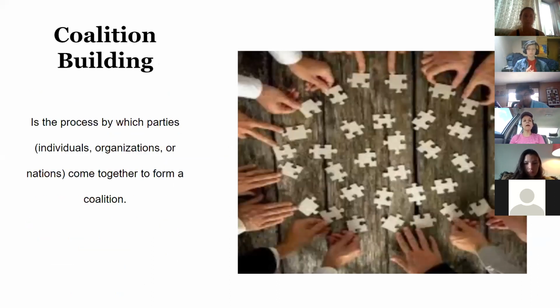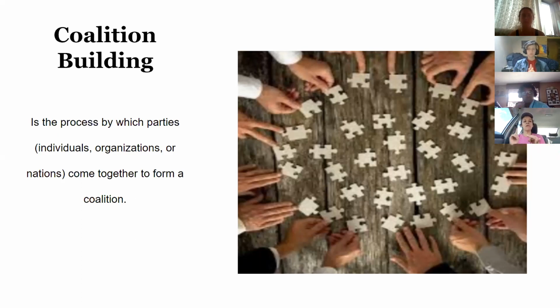And finally, coalition building is the process in which individuals, organizations, and nations come together to form a coalition to implement more community engagement.